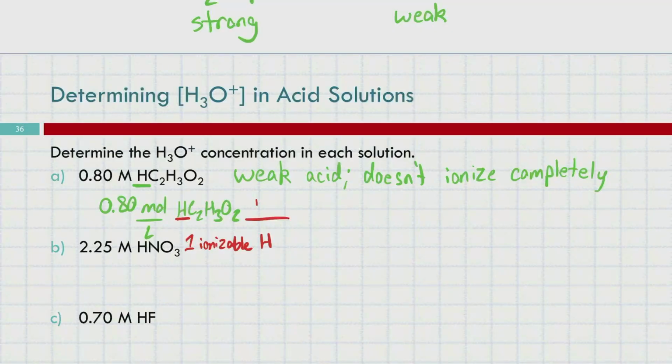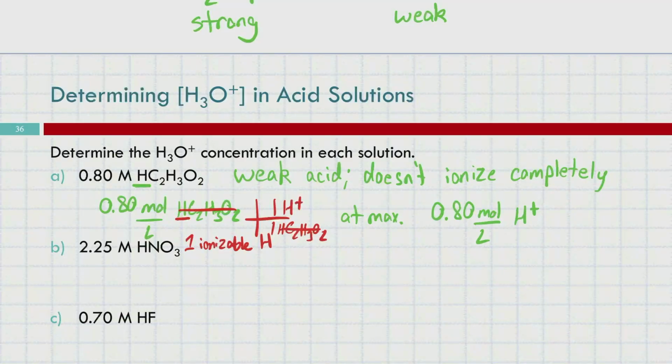So at most, we could get one H plus for every HC2H3O2. We're looking at the maximum amount that we could possibly get out. So we could have, at maximum, 0.80 moles per liter H plus.